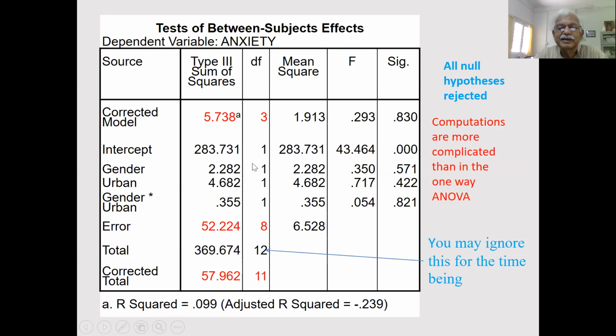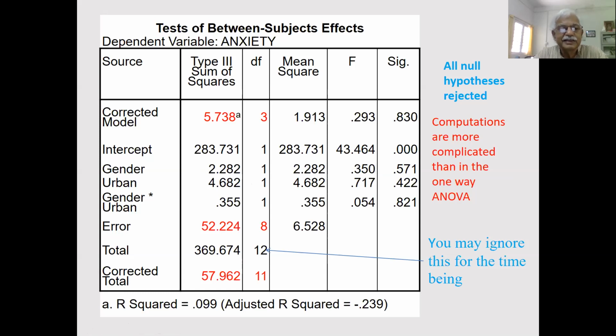So same thing. Then gender 2.282, degrees of freedom is 1, because number of categories is 2. So mean sum of square is same. Urban rural and gender, degrees of freedom is again 1, because 1 into 1 is 1, and sum of square is 4.682. So mean sum of square is also same.